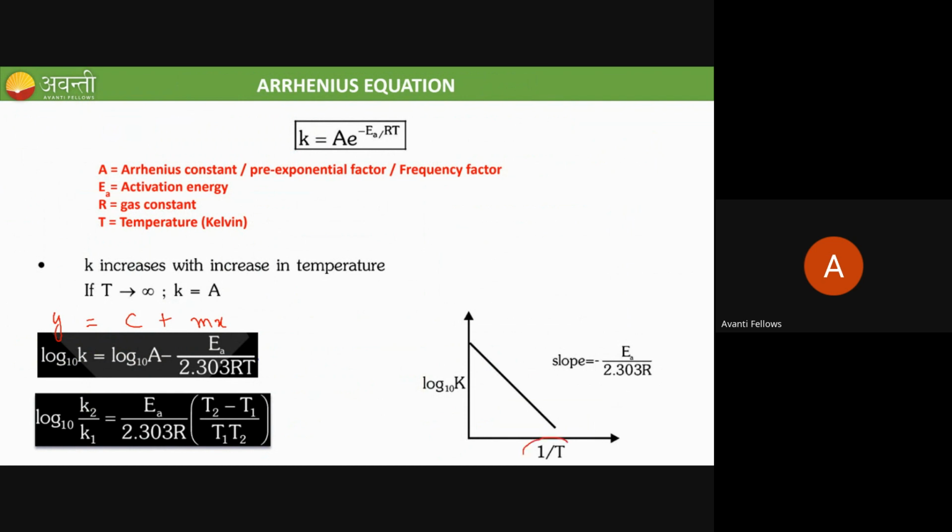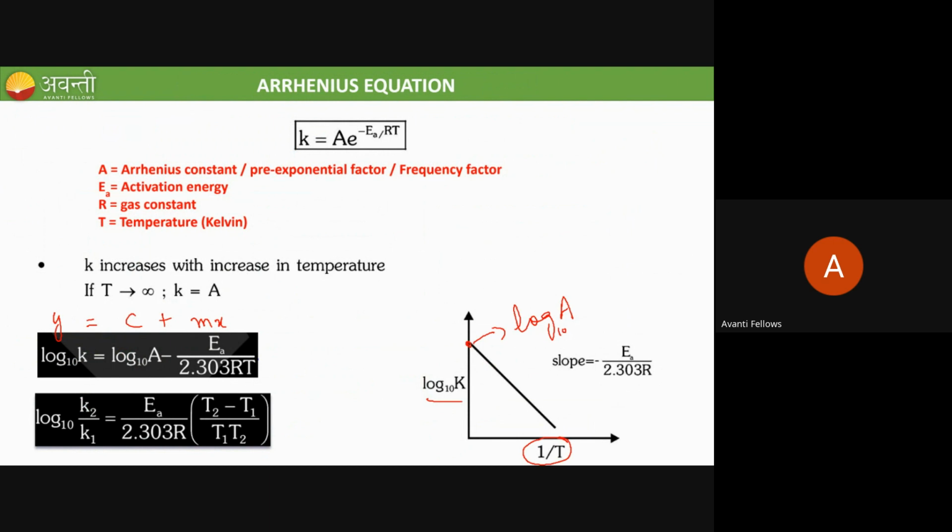The x-axis is 1/T, the y-axis is log k, and log A to the base 10 is the intercept. For two different temperature systems, we have two different rate constants. So log(k2/k1) = -Ea/2.303R × (T2 - T1)/(T1 T2). These two formulas we will use for solving the numericals.